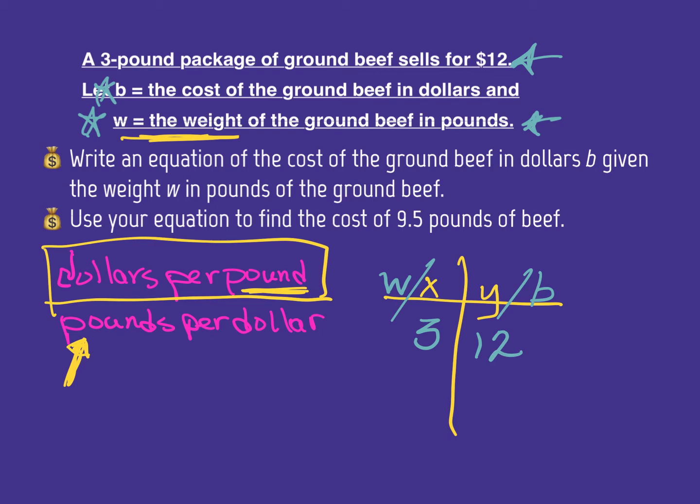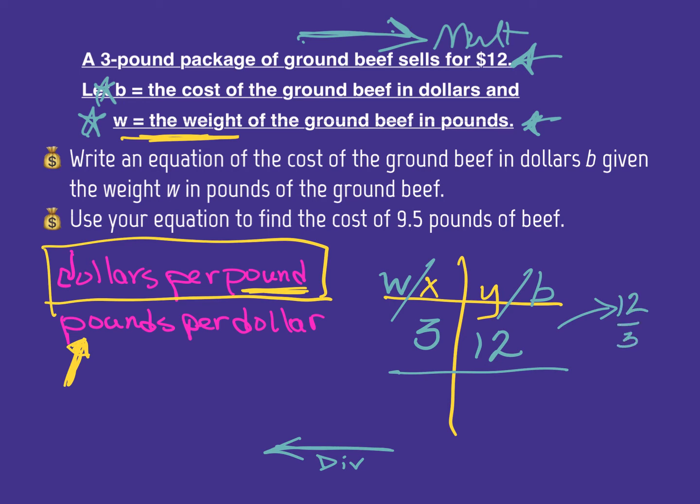My next set of directions says to divide, right? And I know which direction do I divide in? Well, if you forgot, put it up top and down the bottom. Left to right is multiply. Down the bottom, right to left is divide. Okay, so that means I'm going to be dividing left to right. So I'm going to go off to the side and do this. 12 divided by 3.